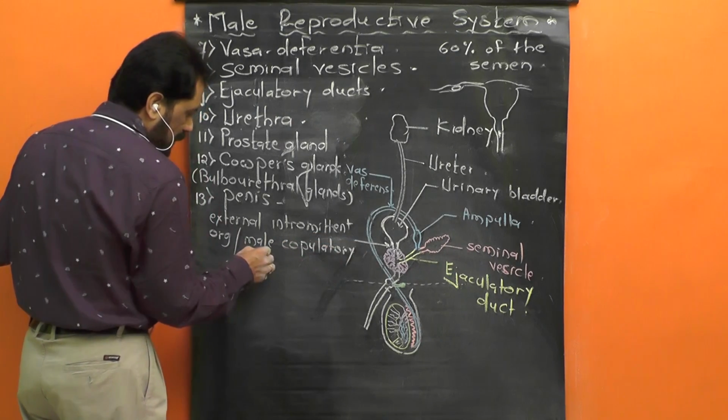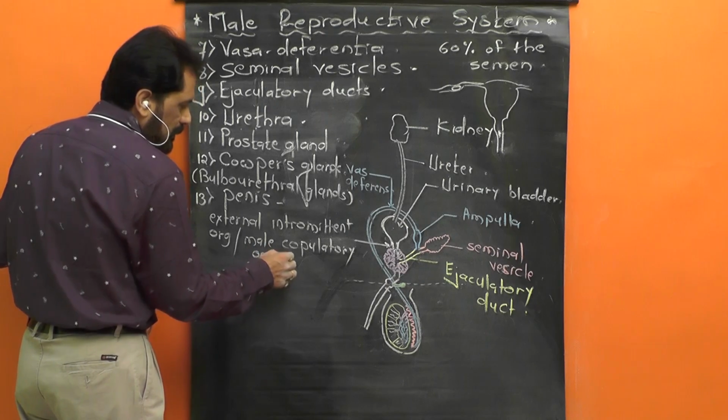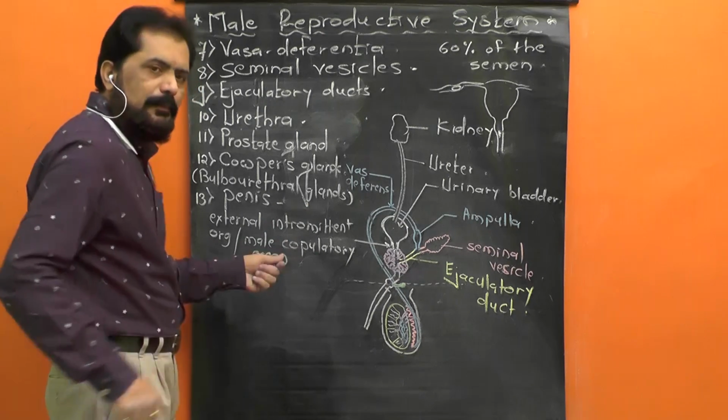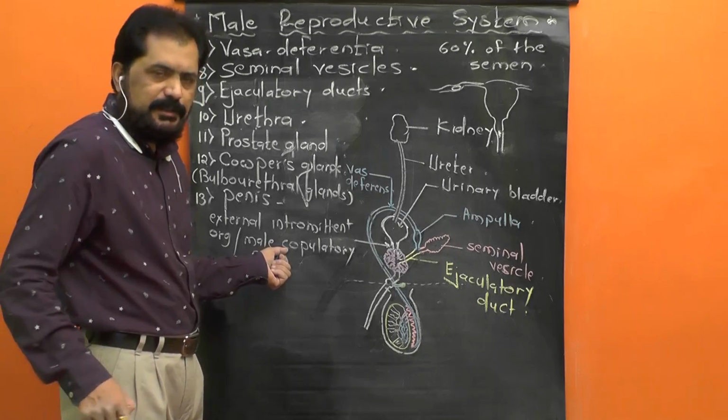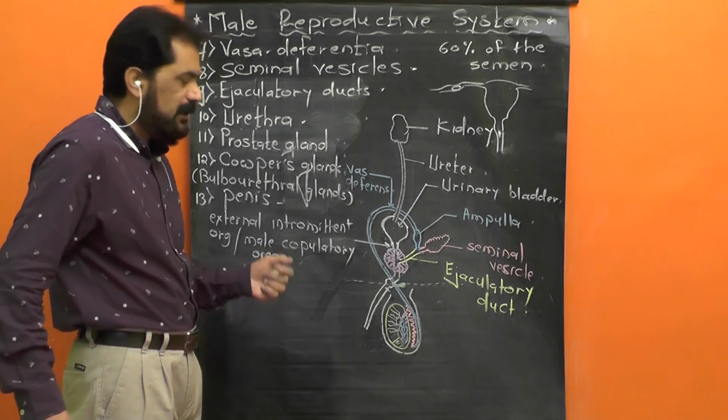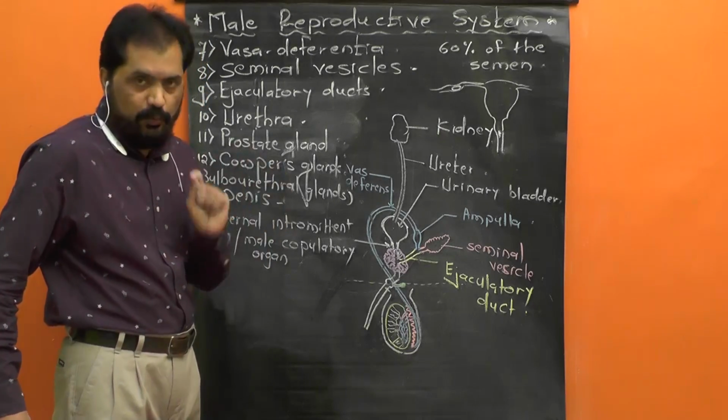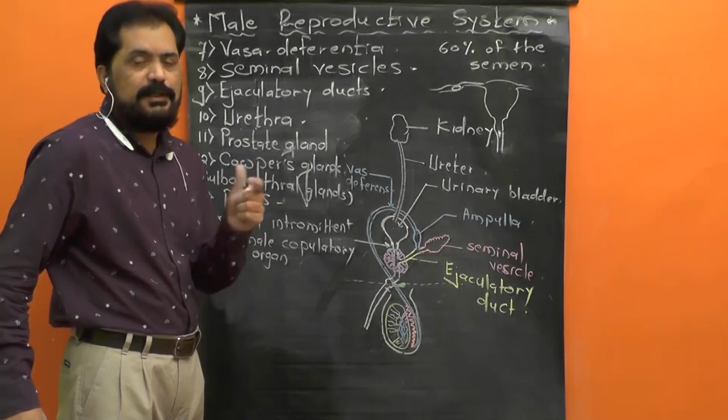Male copulatory organ means, you might have studied, that it takes part in sexual intercourse, copulation, coitus.